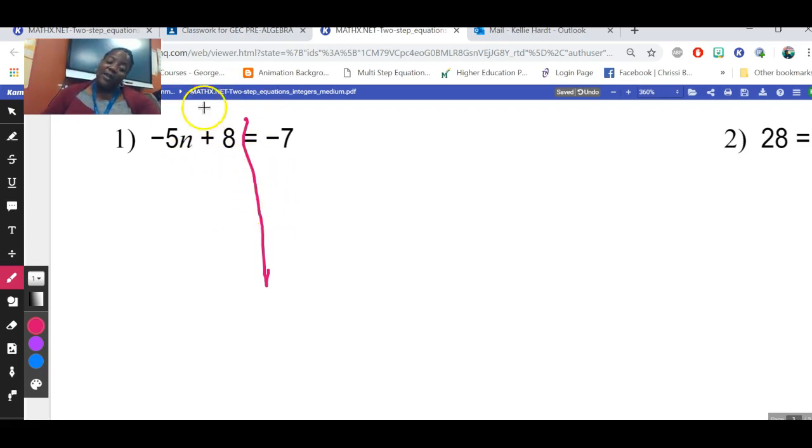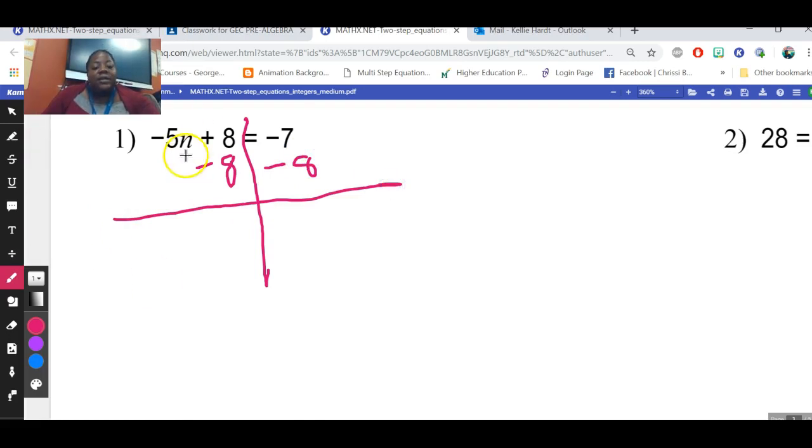You see a +8. And in order to get rid of this +8, you need to do the opposite of what you see. So the positive 8 will be a -8 here, -8 here. Okay, so I have -5n. That canceled out. This is an integer rule. If I set it up this way, it would look like this.